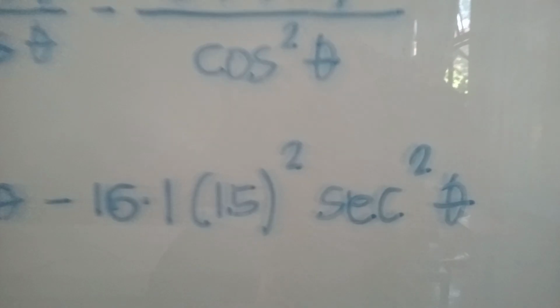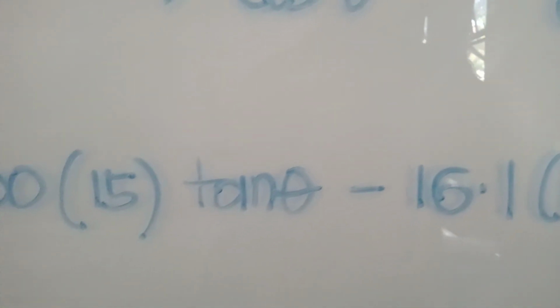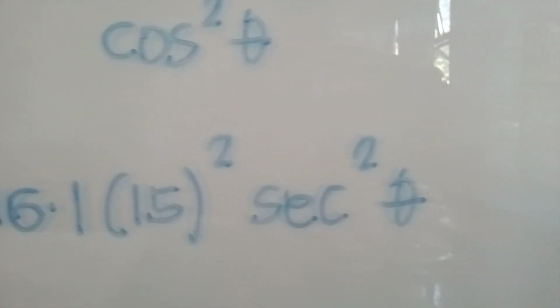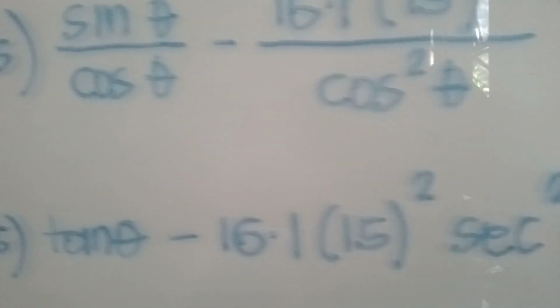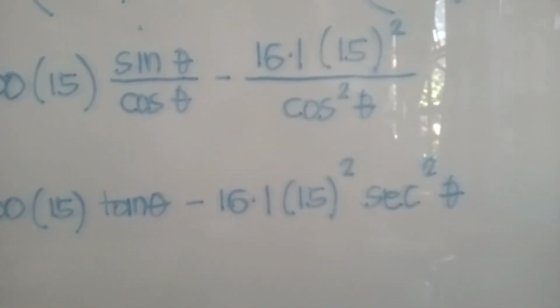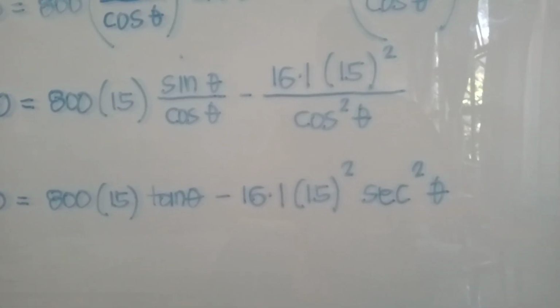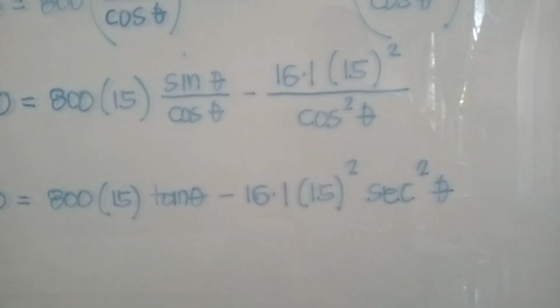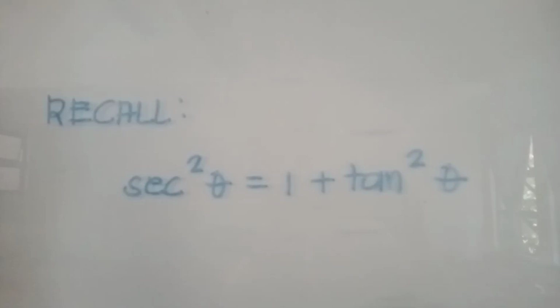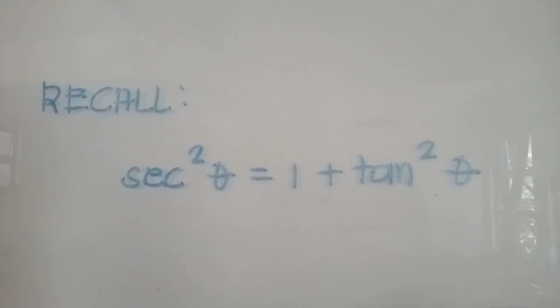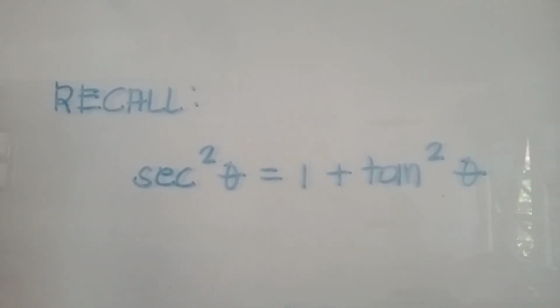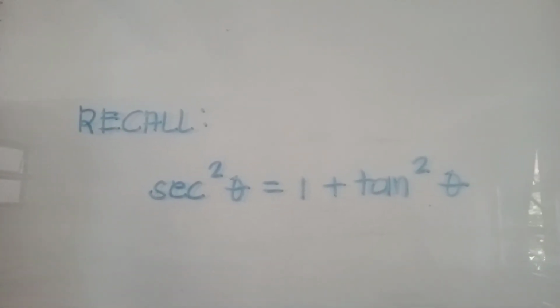And don't ever forget the relationship between these two trigonometric functions. If you still can recall, that can be derived using the Pythagorean relation of the 6 trigonometric functions, one of which is this relationship between secant and tangent functions.